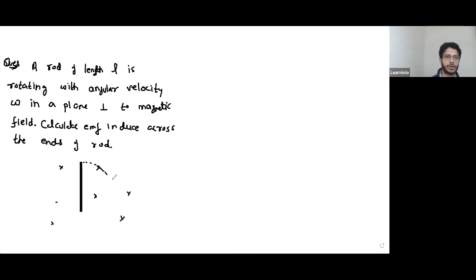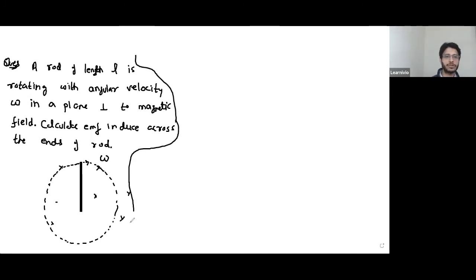This rod is rotating in a plane perpendicular to the magnetic field with angular velocity omega. So the rod is rotating in a plane which is perpendicular to the magnetic field with an angular velocity omega. You need to calculate the EMF induced across the ends of the rod.